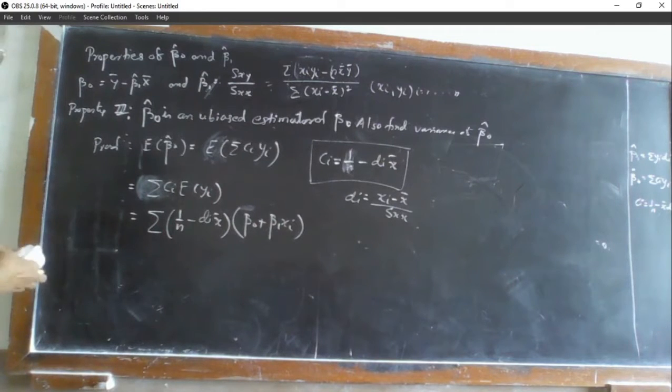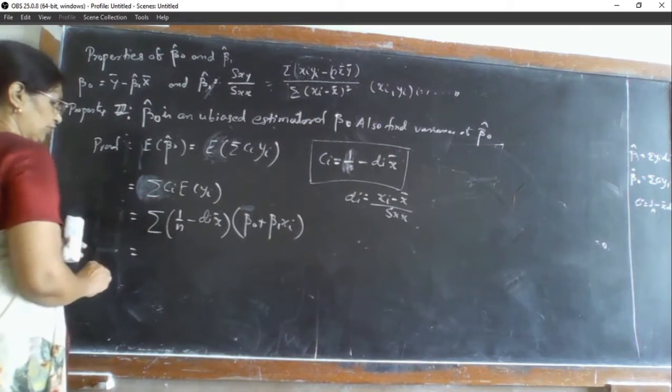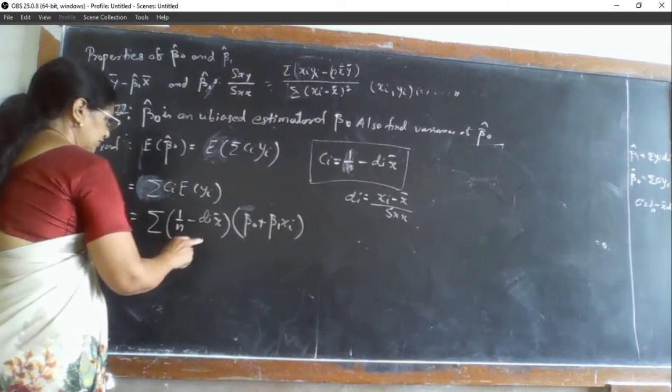Expected value of yi is beta naught plus beta 1 xi. So this is equal to, now we will write down all these sums.